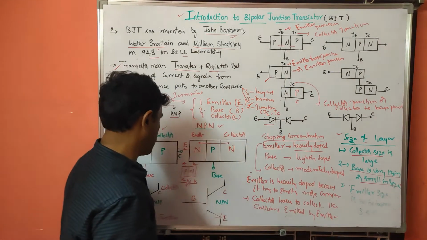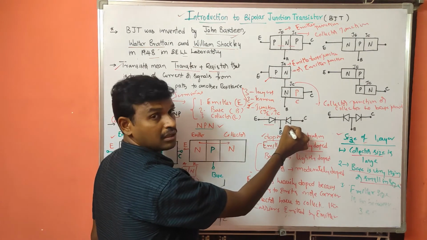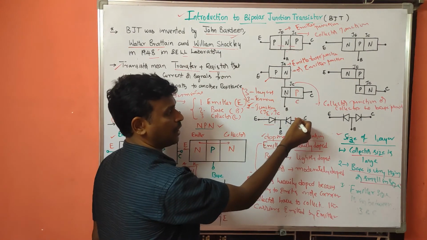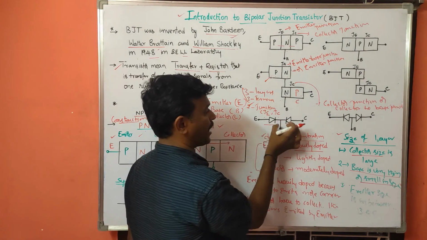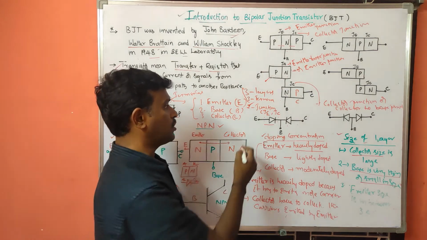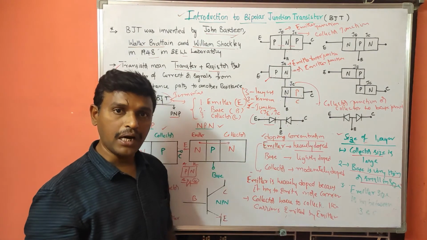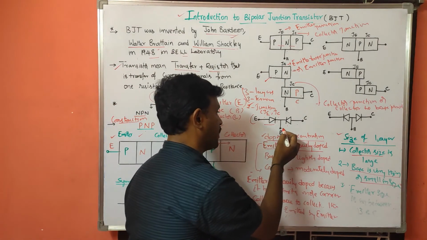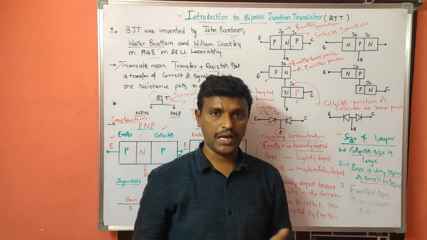N means cathode, so I represent this as cathode, and on the last side, the collector side, we represent the anode. This is the back-to-back connection of the PNP transistor. This terminal is called the emitter and this terminal is called the collector, but in between the two junctions we have the base terminal. So this is the back-to-back representation of the PNP transistor.